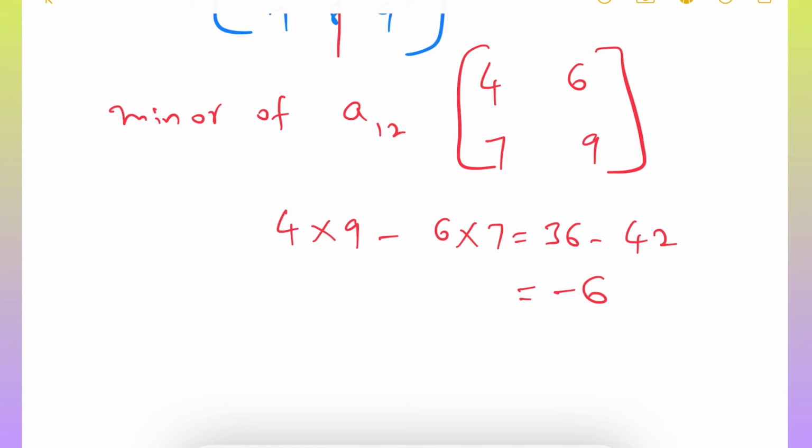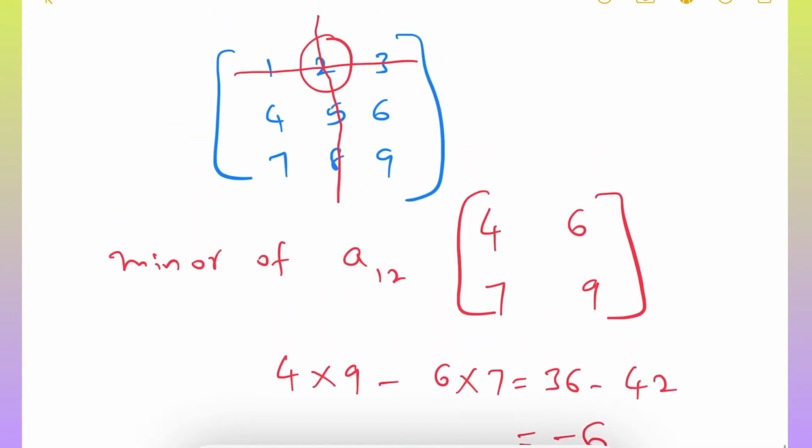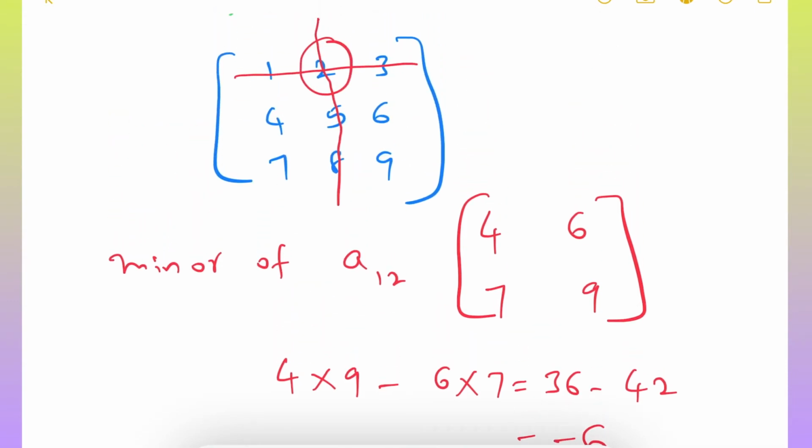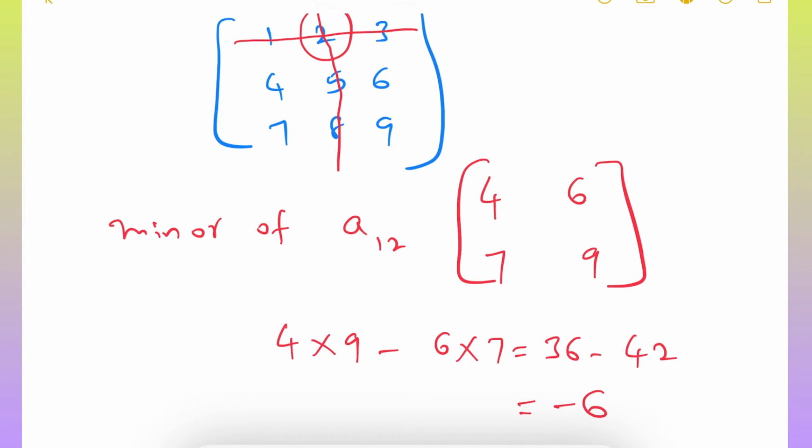So minus 6 is the minor of element 2. Like this, whatever element we want, we are able to find its minor. In case we need to find the minor of the total matrix, then we need to find each and every element's minor.